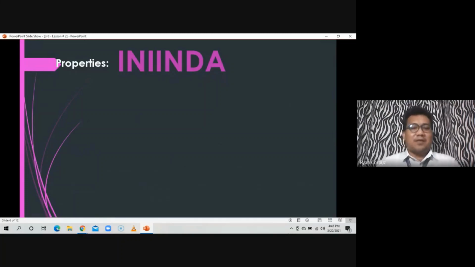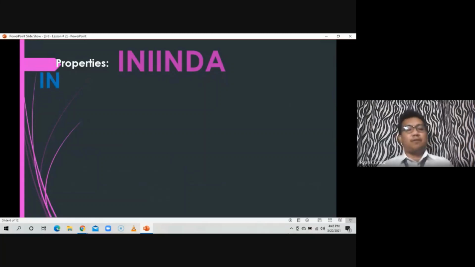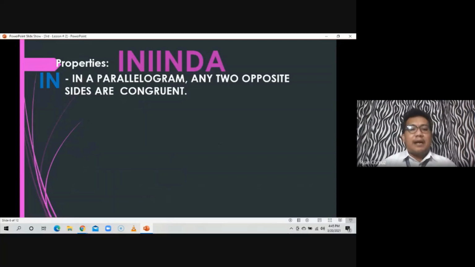So that's the message of the properties that we hid in an acronym called INIINDA. So what is INIINDA? Let's start with the first property, IN. IN stands for: in a parallelogram, any two opposite sides are congruent. Again, in a parallelogram, any two opposite sides are congruent.